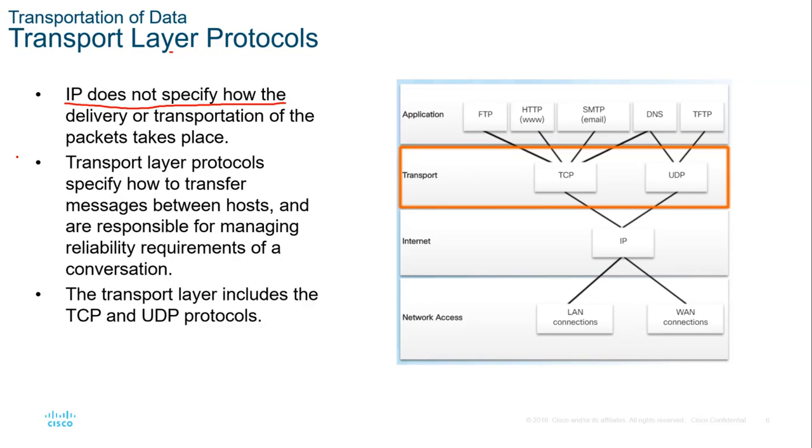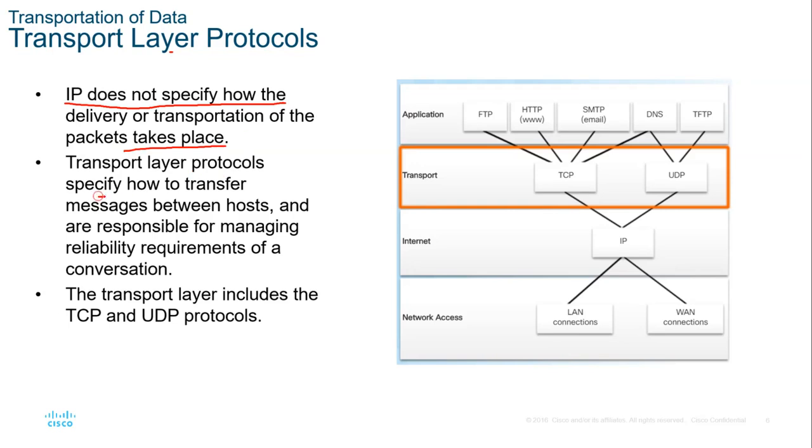Its work is just to logically identify the device. How the device is going to use the network, how it's going to access the network, is not the responsibility or role of IP. So IP does not specify how the delivery or transportation of packets takes place.